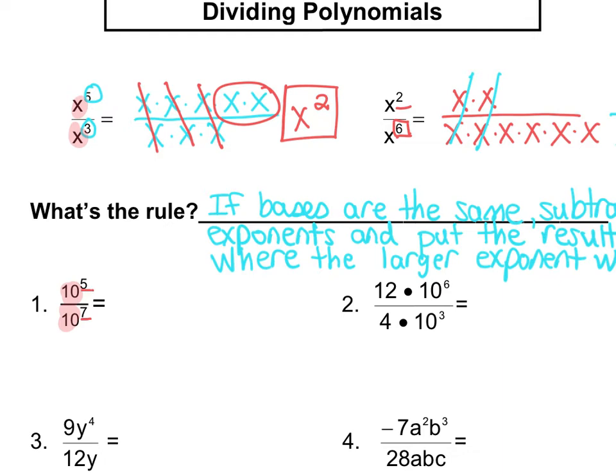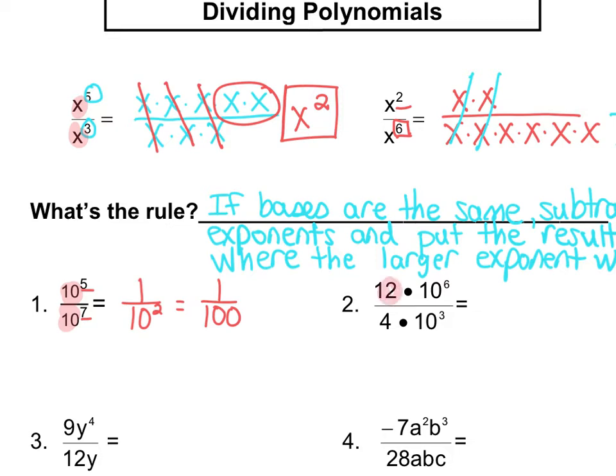So we'd have 10 to the second, and since the 7 is larger, the 10 to the second would go in the denominator. You can't just leave the numerator empty, you would have to put a 1. But in this case, since our base was 10, we can still further simplify because we know that 10 to the second is actually 100, so we would simplify this to be 1 over 100.